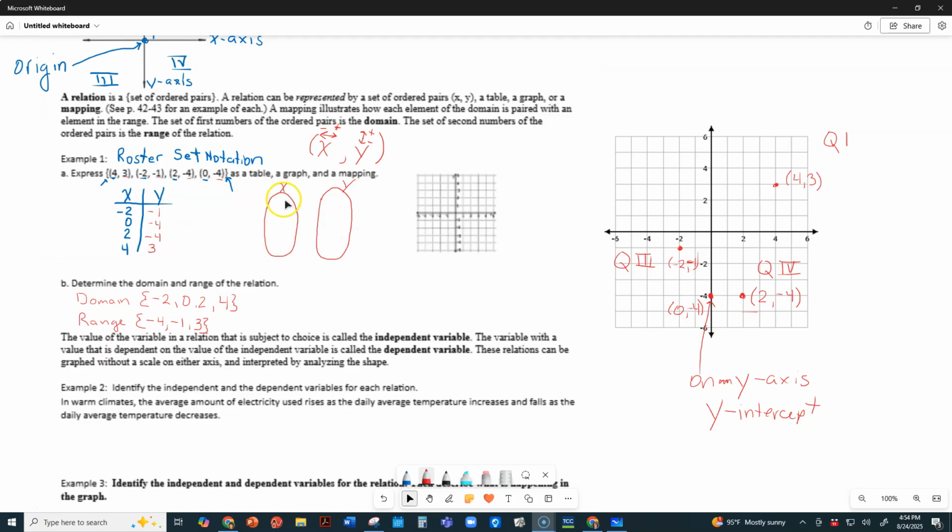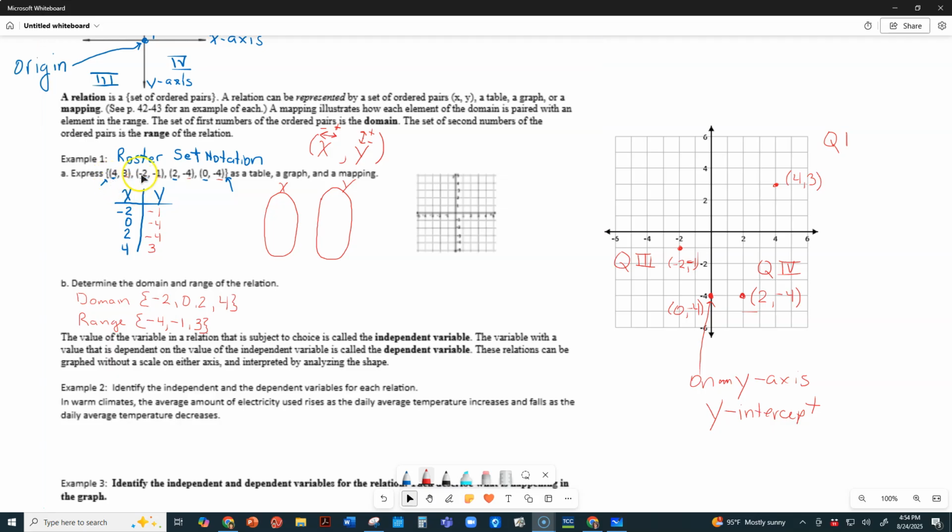We list them in numerical order from smallest to greatest, and we also do not repeat. So if we have the same value listed twice, in either X values or Y values, we don't list it twice.